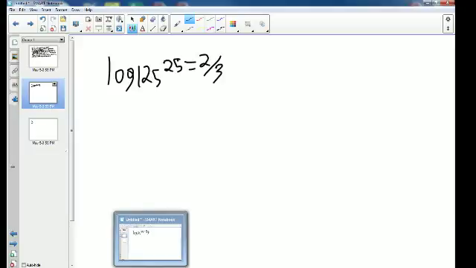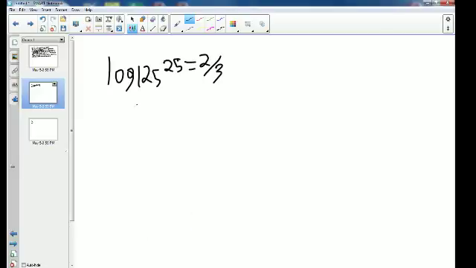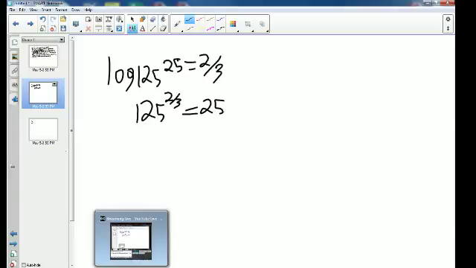Now, to make this into exponential form, all we have to do is rewrite this into 125 to the 2/3 power equals 25. That's it for writing logarithmic equations into exponential form.